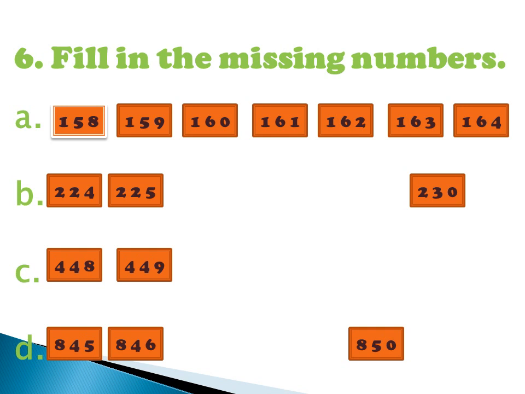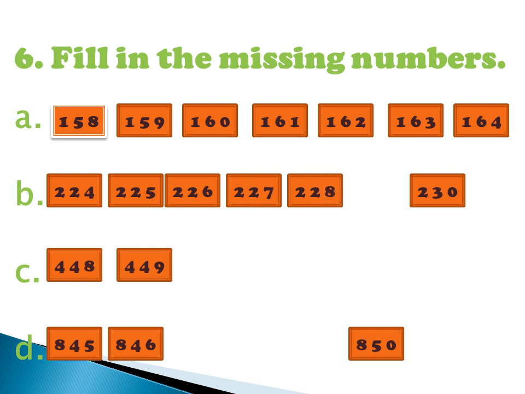The next one, B, 224, 225. Now start writing. 226, 227, 228, 229, 230 is already given, and then after you write 231.